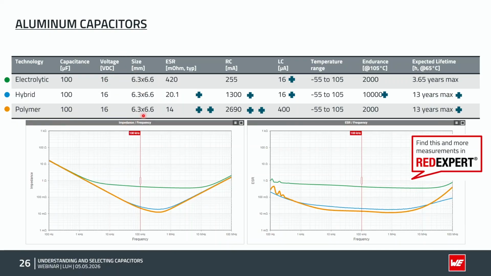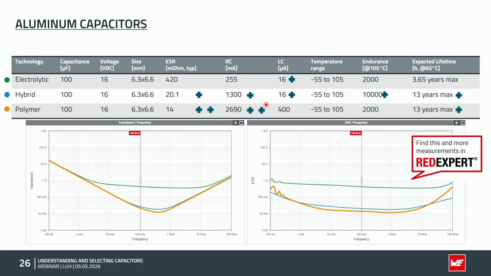When we compare these three technologies, you can see I selected three 100 microfarad, 16 volt, same size capacitors: electrolytic, hybrid, and polymer. You can see that the ESR of the polymer is by far the smallest in comparison to the electrolytic ones. But the hybrid is not in the middle, it's very close to a polymer capacitor, because it's more a polymer capacitor than an electrolytic capacitor in this case.